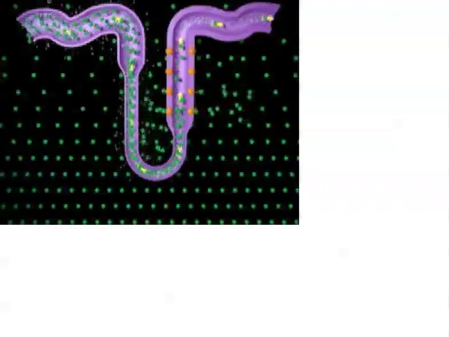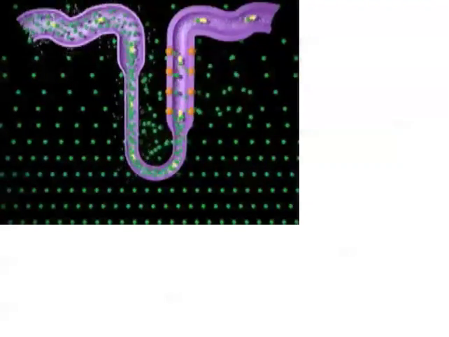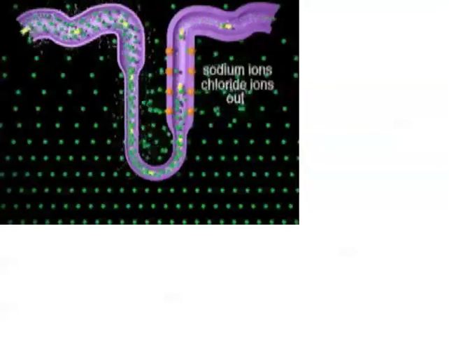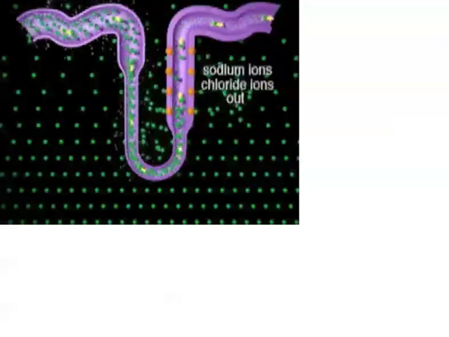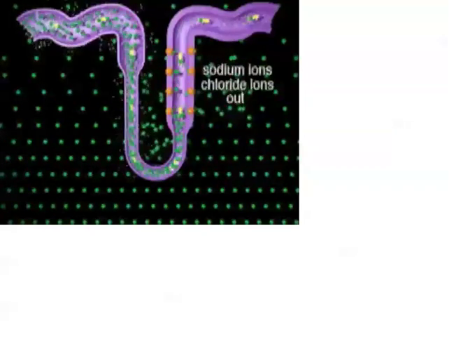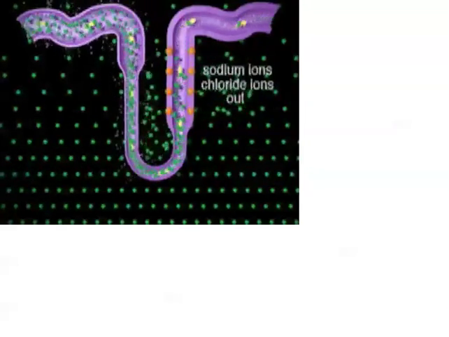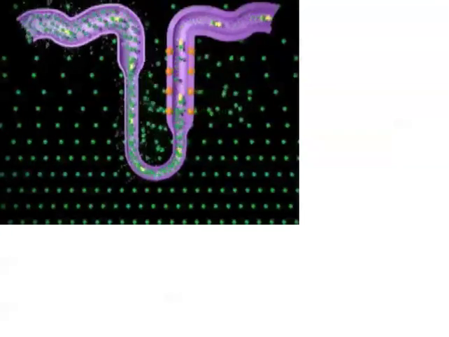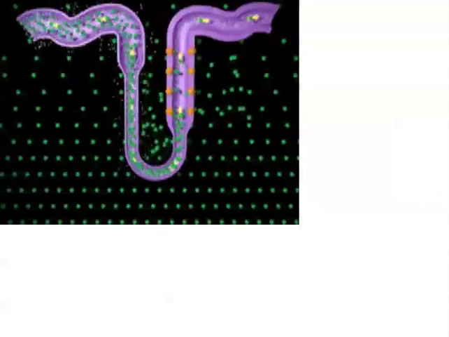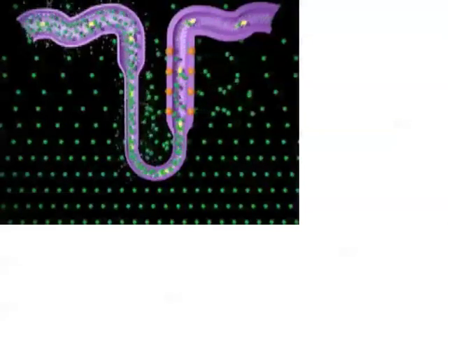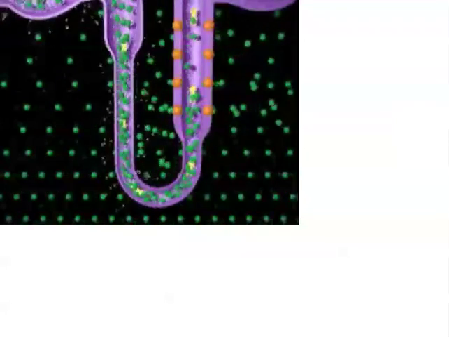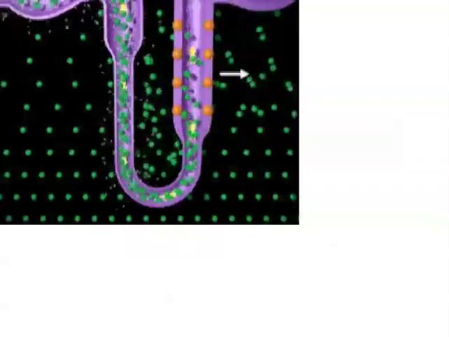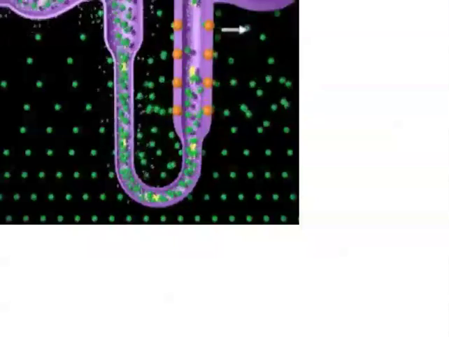Sodium ions and chloride are the most abundant ions in the tubular fluid, and large amounts of sodium and chloride are pumped out of the tubular fluid as it travels along the ascending limb. As these ions are pumped into the peritubular fluid, the solute concentration inside the tubule steadily decreases. As the solute concentration decreases, fewer sodium and chloride ions are pumped out of the tubular fluid.